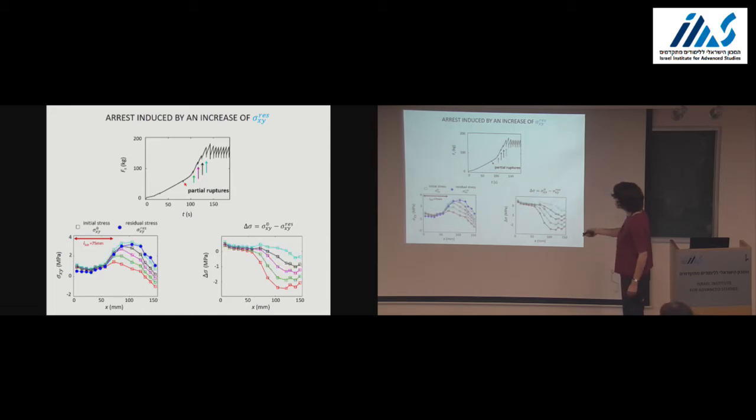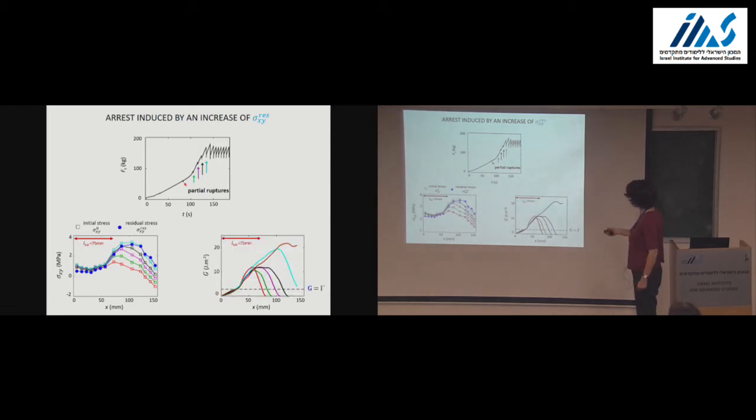And it's the same process for all the partial ruptures of this experiment. Each time the initial stresses here are higher than the residual, and it's always smaller than the initial stress in the dry part. Measuring delta sigma, we can calculate G and get the arrest location as before. Here, we see that it is this barrier of residual stress that prevents the propagation of the rupture in the dry part.